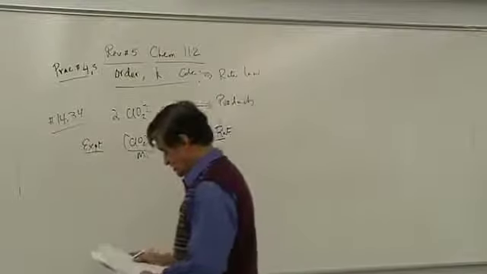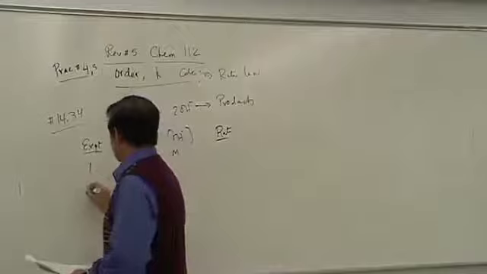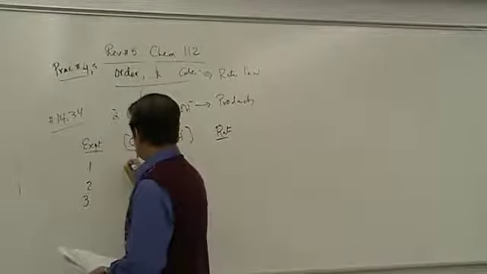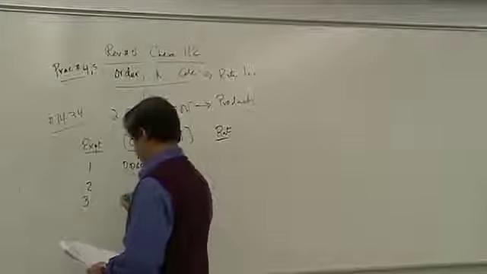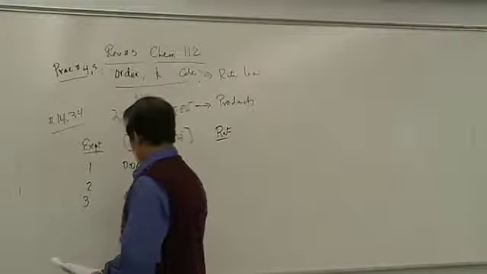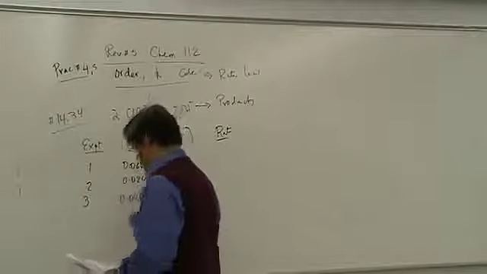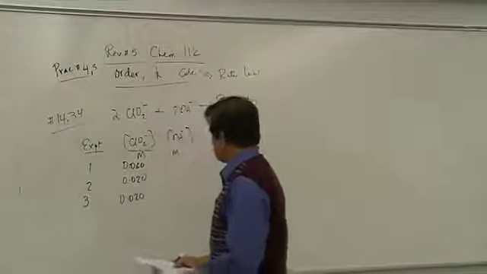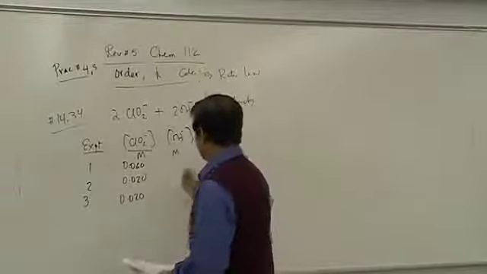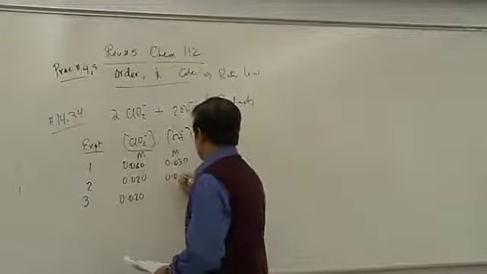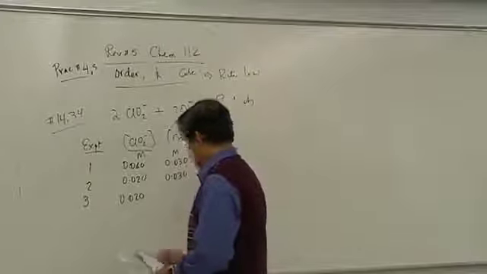So let's now write down the 3 experimental data given, 1, 2, and 3. ClO2 minus concentration: 0.060 for the first experiment, 0.020 for the second experiment, 0.020 for the third experiment. With OH minus concentration, it's 0.030, 0.030, 0.090.